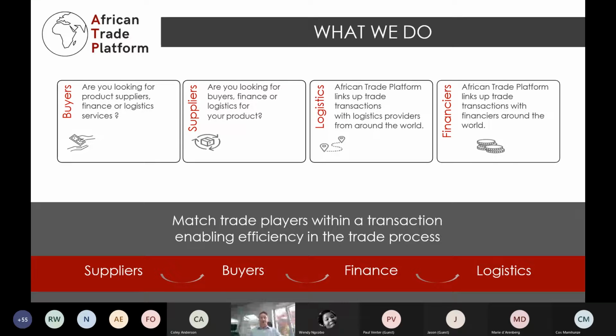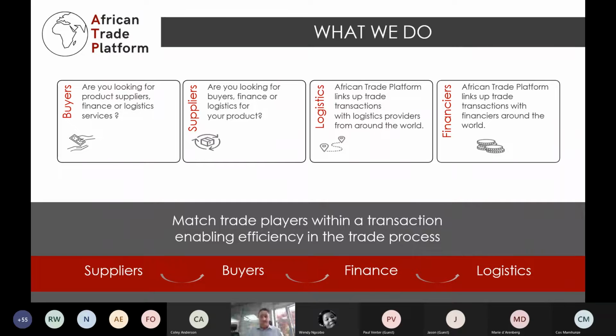From a transaction perspective, there are your buyers, your suppliers, and the logistics, which actually forms a huge part of any transaction, especially when it comes to the cost of the landed product in, say, for example, the US, as well as the financing of a transaction. African Trade Platform actually founded itself off the base of our commodities trading division within the group.